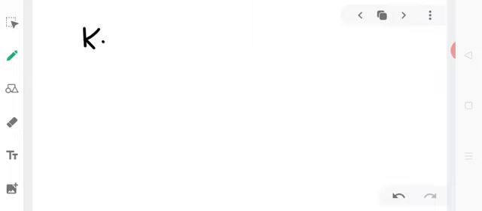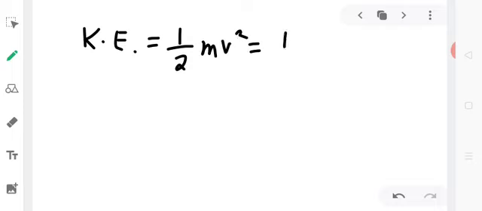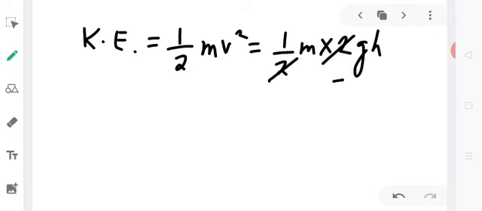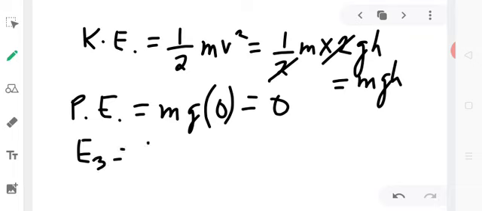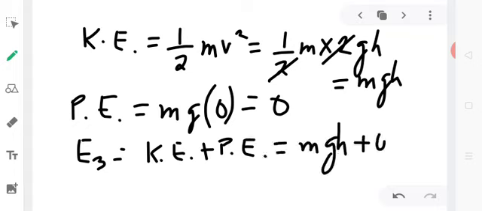Therefore, kinetic energy at this point will be equal to half mv square, that is half m into 2gh. You can cancel and you get mgh. Potential energy of the body will be equal to mg, and now the height is 0, so that will give you 0. So total energy, that is equal to kinetic energy plus potential energy, is equal to mgh plus 0, and again you get mgh. Mark it as equation number 3.